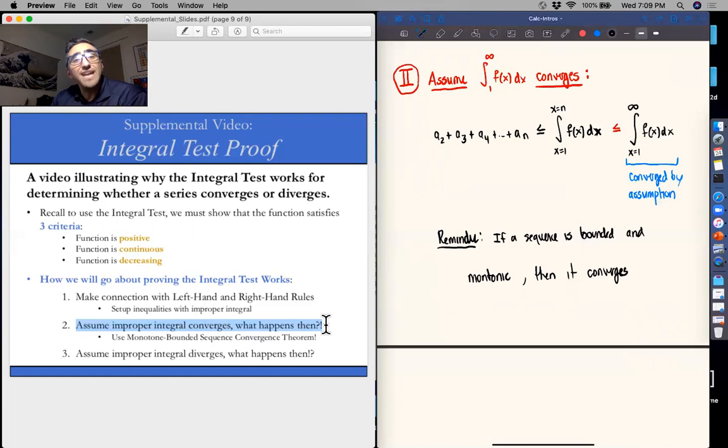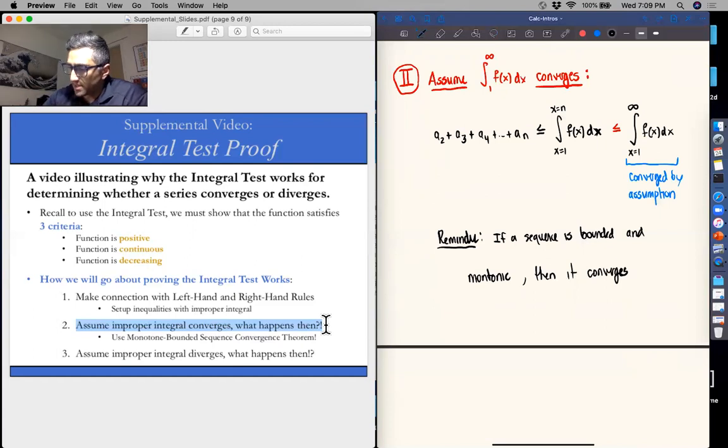So let's make this connection right here. We're basically going to look at a sequence of the partial sums of this above infinite series, and we're going to show that this sequence of partial sums is both bounded and monotonic, which will then imply that our series itself will have to be convergent.